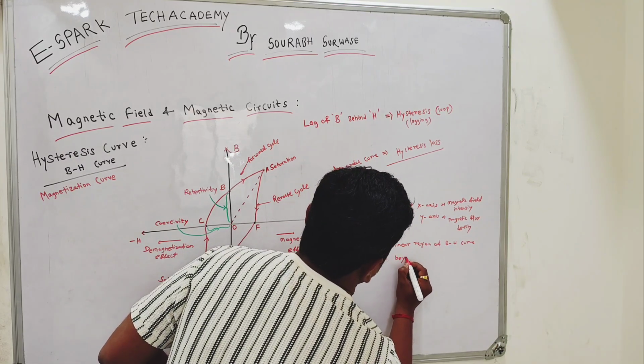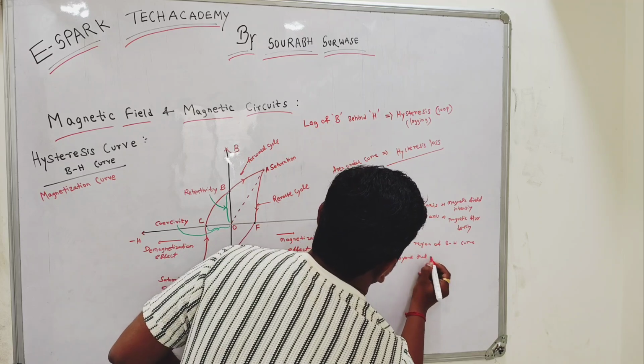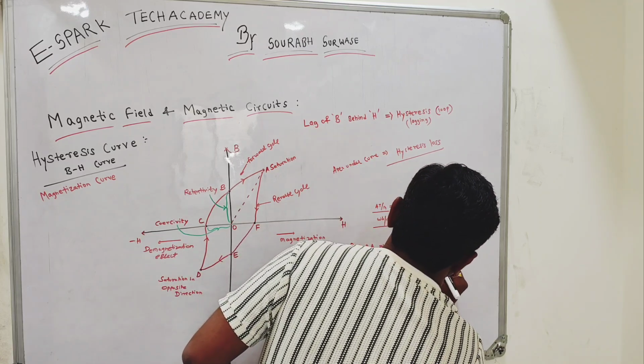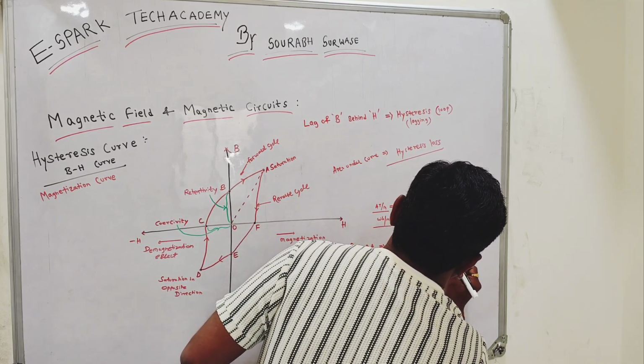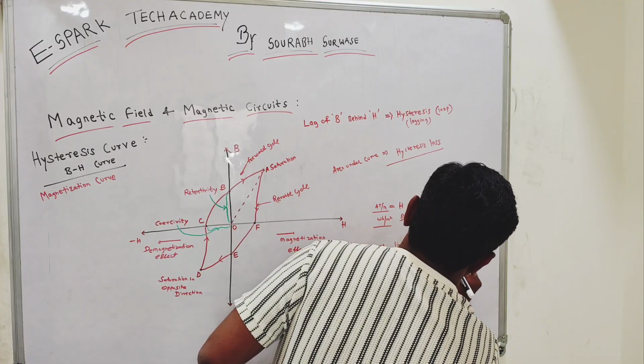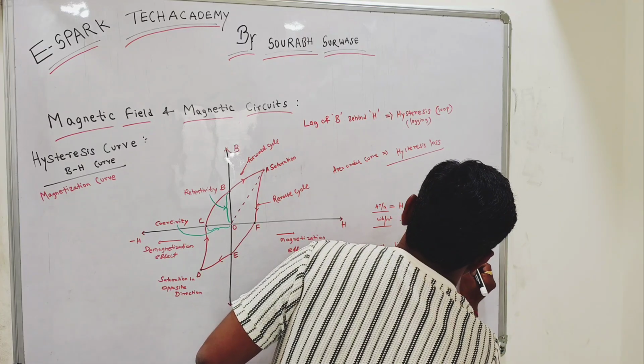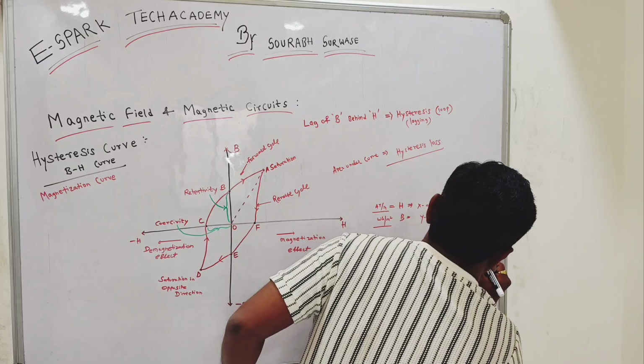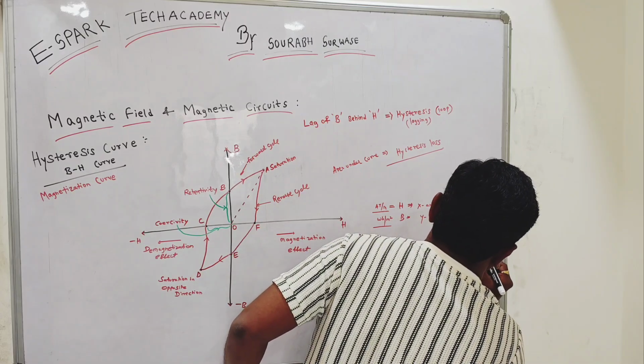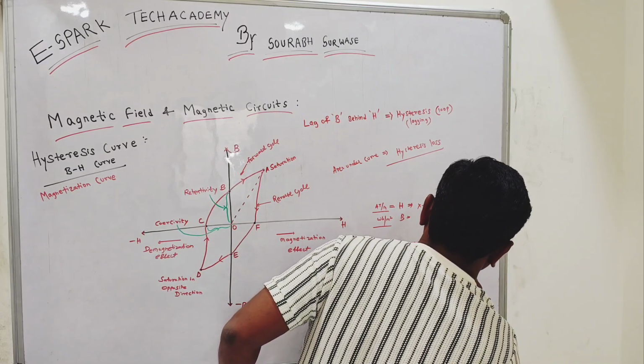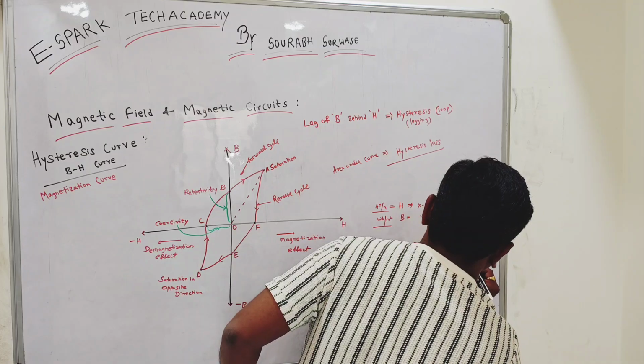Beyond point A, B will be constant, or you can say the circuit will be saturated.